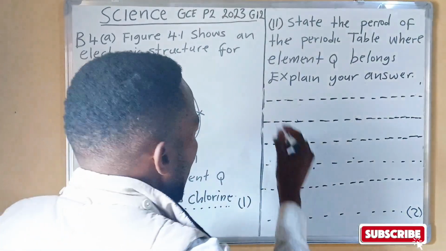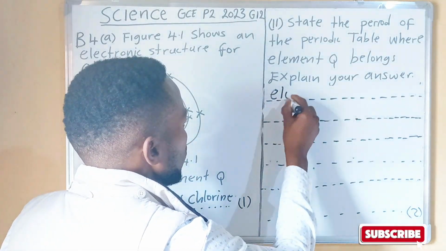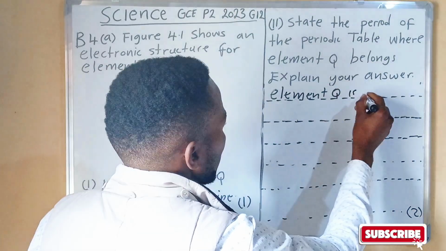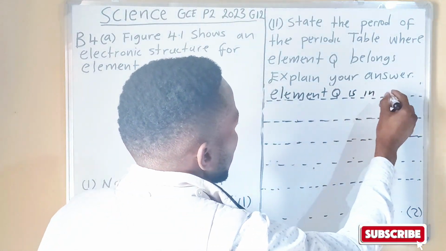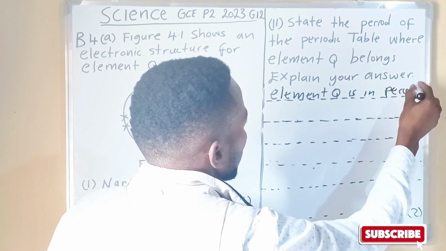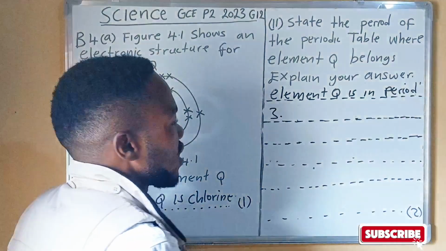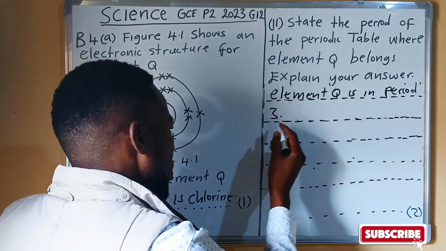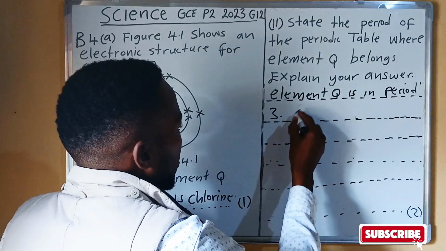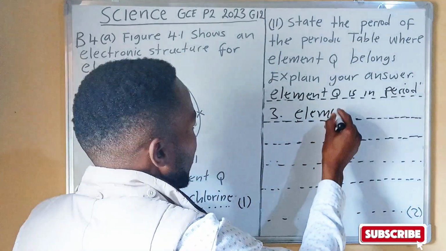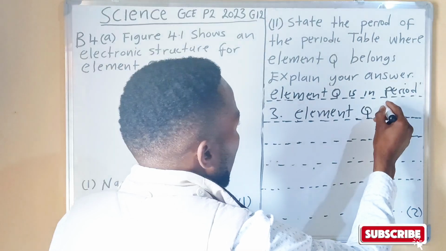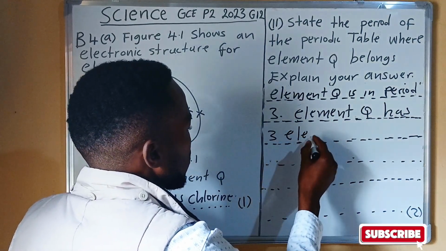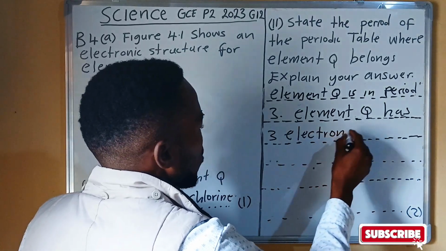So you are going to say element Q is in period 3. Then you explain your answer. Element Q has 3 electron shells.